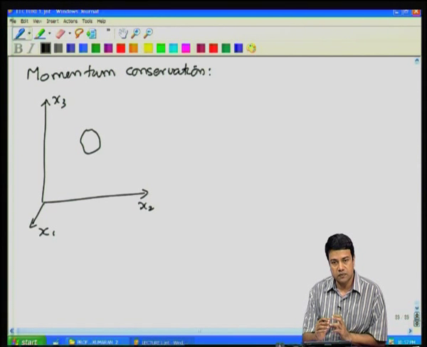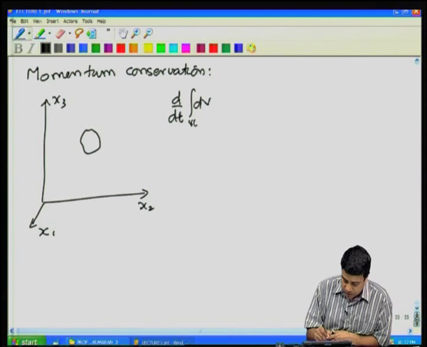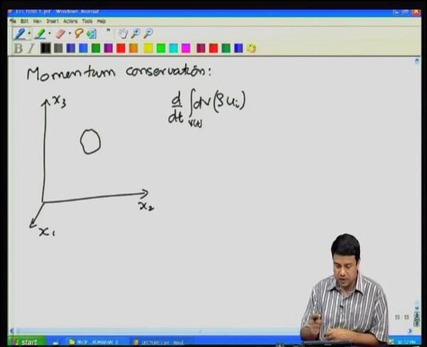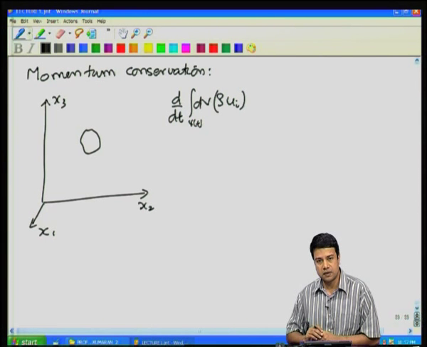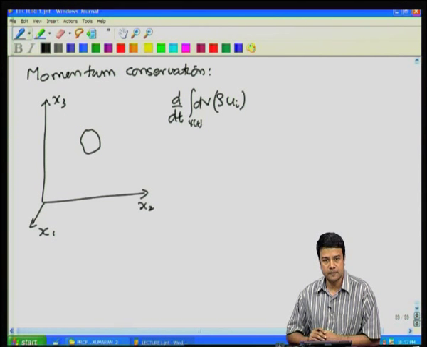So, the rate of change of momentum of that material element is equal to the sum of the forces that are exerted on that material element. The rate of change of momentum is d by dt of the integral over the volume. The volume itself is a function of time, rho times u i. The density times the mean velocity integrated over the volume gives me the momentum. D by dt of that is the rate of change of momentum.